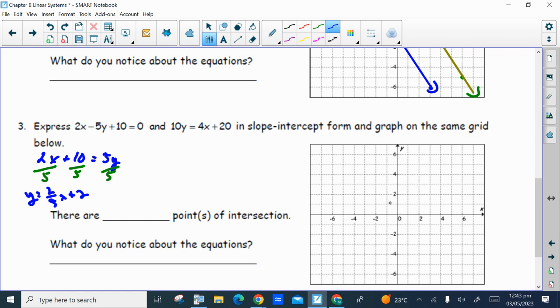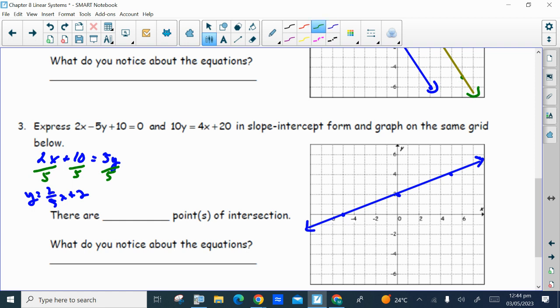So that has a y-intercept of plus 2 and a slope of 2/5. So rise 2, run 5. You can also rise negative 2 and run negative 5. Those 3 points will line up, so we can draw a line through them, with arrows on the ends because our lines continue forever in that direction.